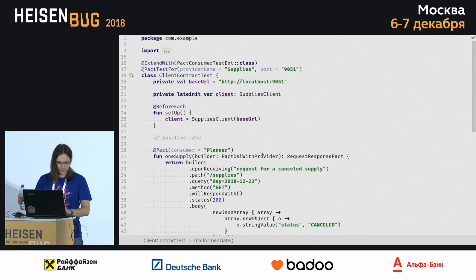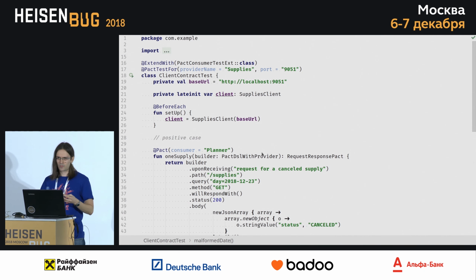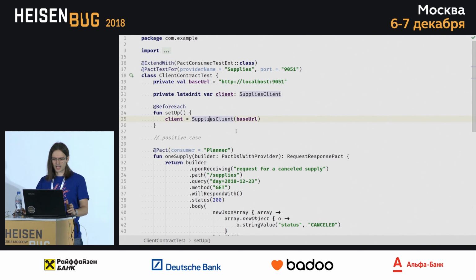In Pact, I write a simple unit test in my language. Here for Kotlin, I'm using JUnit, a very popular unit test framework for JVM, with some additions from the Pact framework. What I'm testing is my client class. And this client class needs to connect to something.